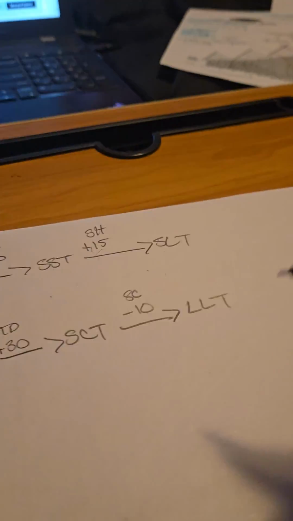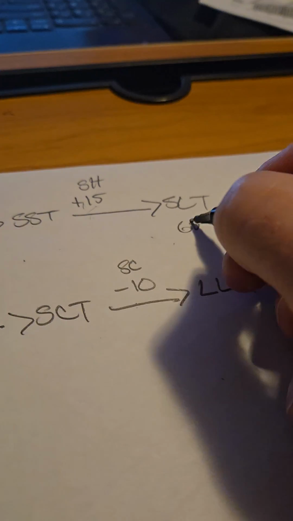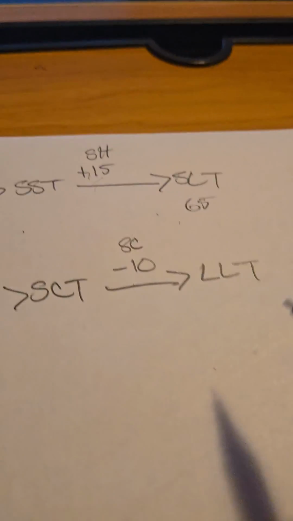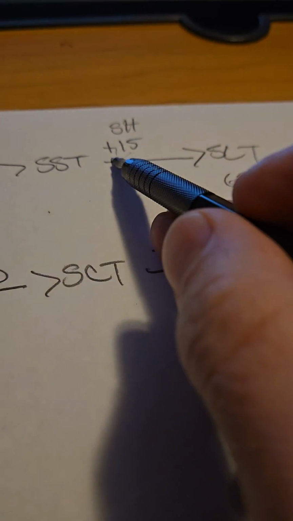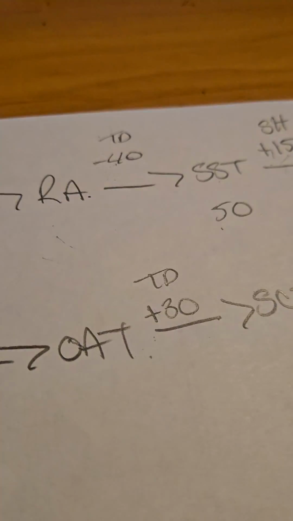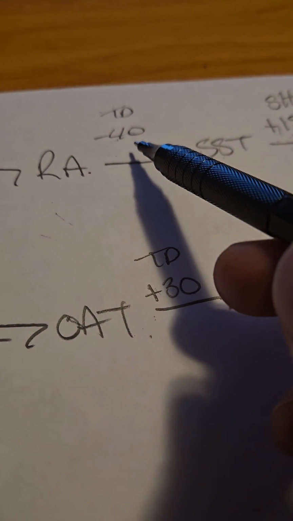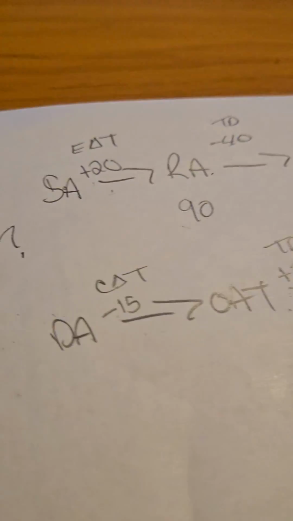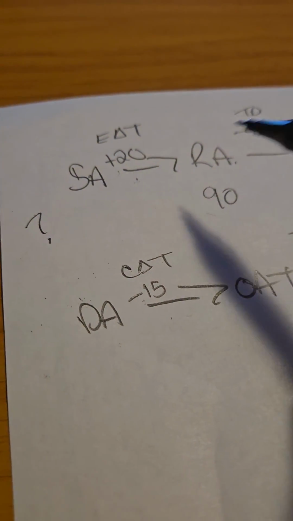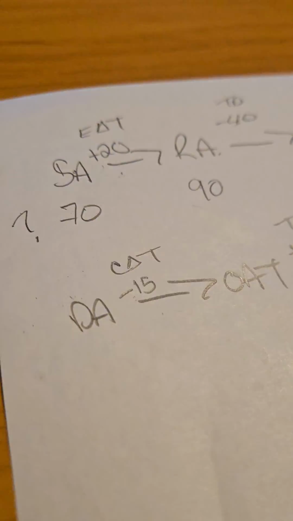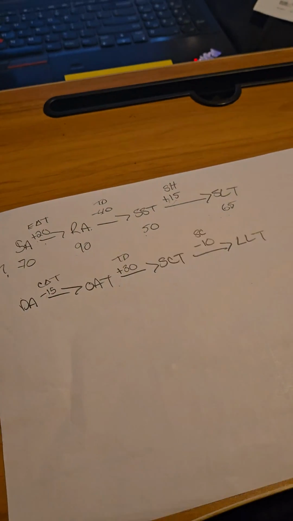For example, if you had a 65 SLT and you needed to know your supply air, 65 minus 15 is 50. Not minus 40 but plus 40 is 90, which is your RA. And then not plus 20 but minus 20 is 70, so your supply air would be 70, and that's how that works.